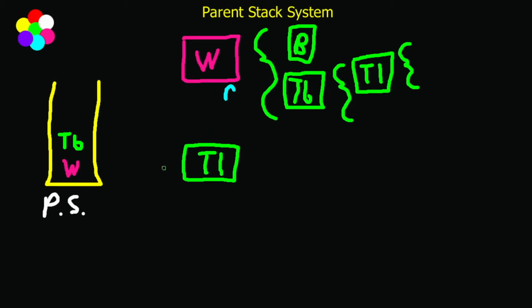This process repeats. The next item is checkbox 1. Same thing. It looks at the parent stack, because T1 should have been placed there, and says, okay, I belong to T1. It puts itself here.